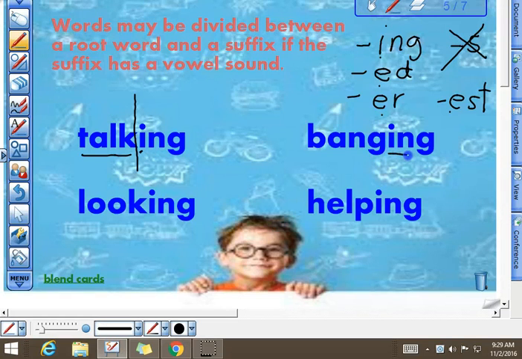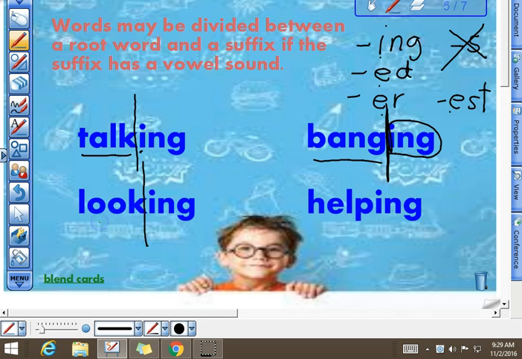I see my ing at the end. This is where I want to divide my word. And what's left is my root word. My root word here is what? Bang. Bang. And I add my suffix again. Bang. Very good. I'm going to divide my word between my suffix and root word.